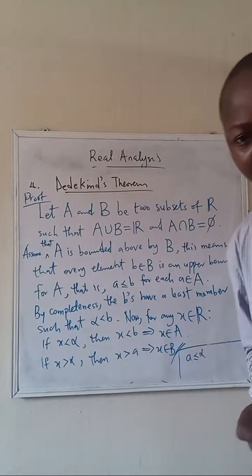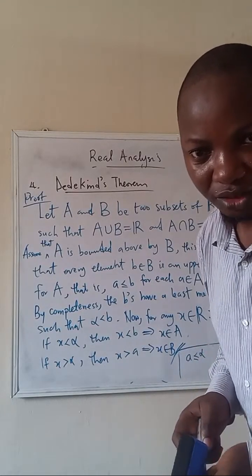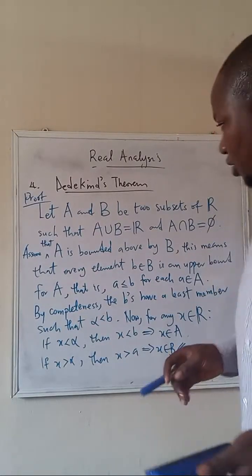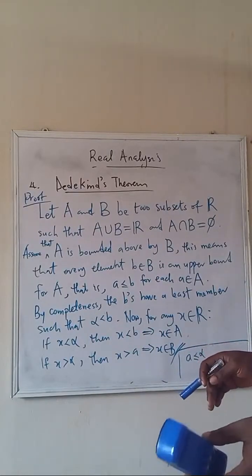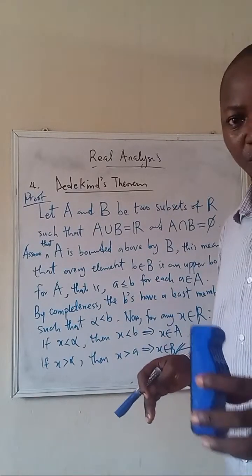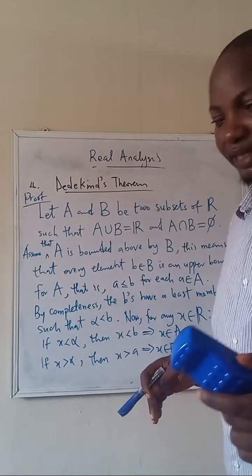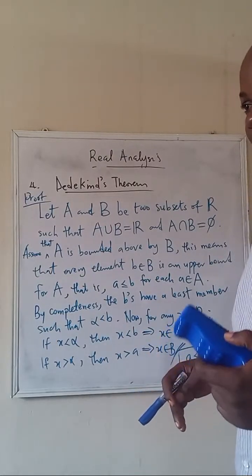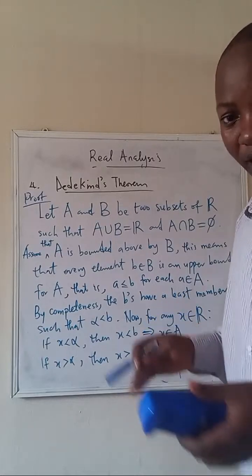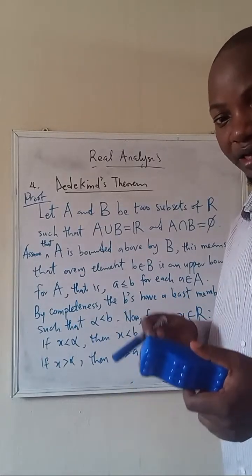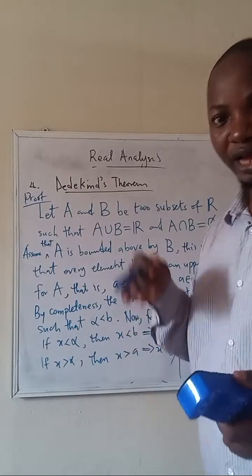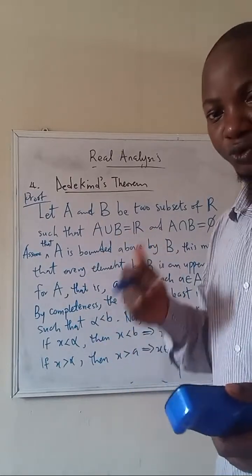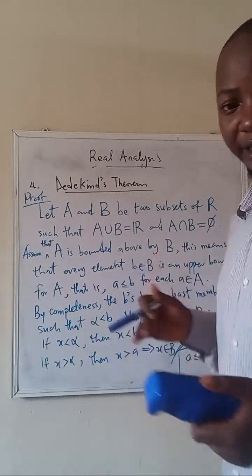There are other versions of proof for this. You can go through this again and again, and let me know anywhere you are having issues. For the first time you are seeing this, you may not really get it, but when you look at it again and again, you get used to it, line by line.